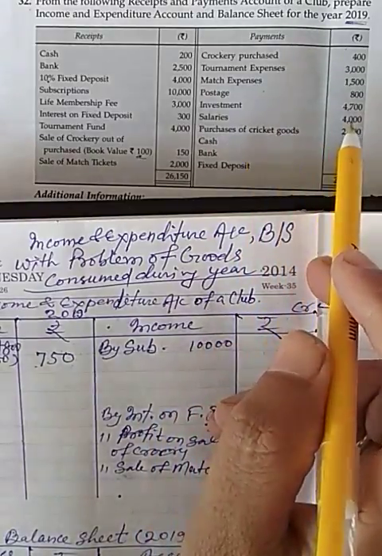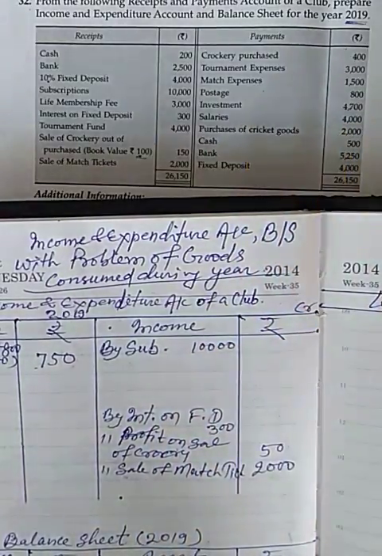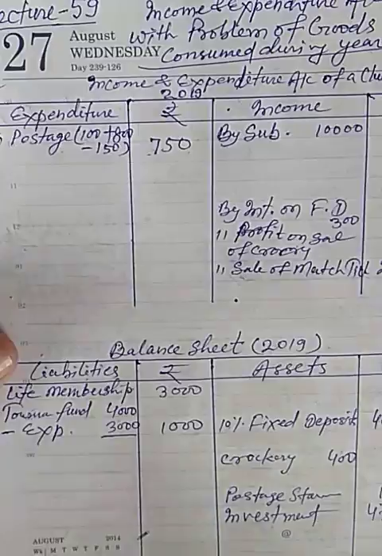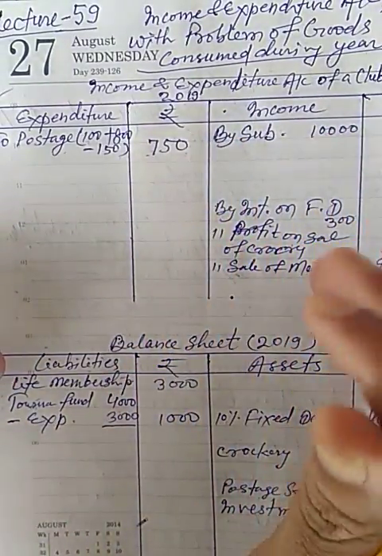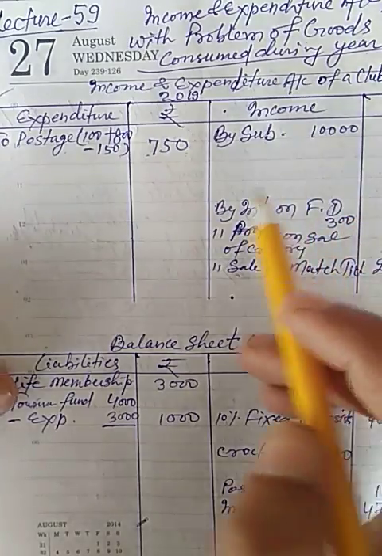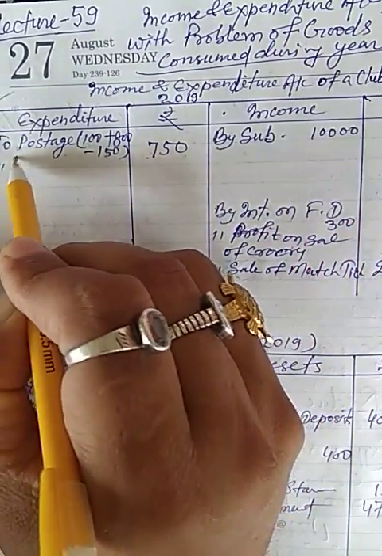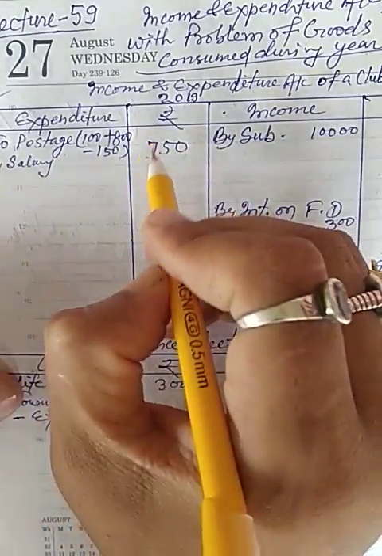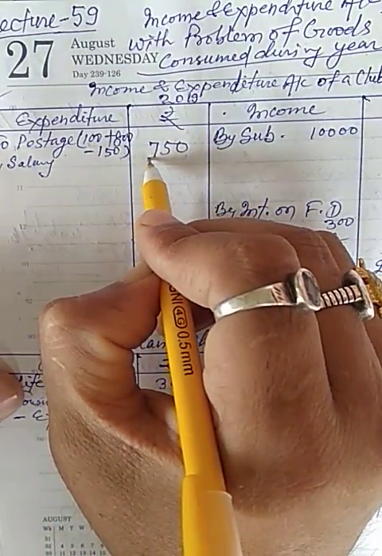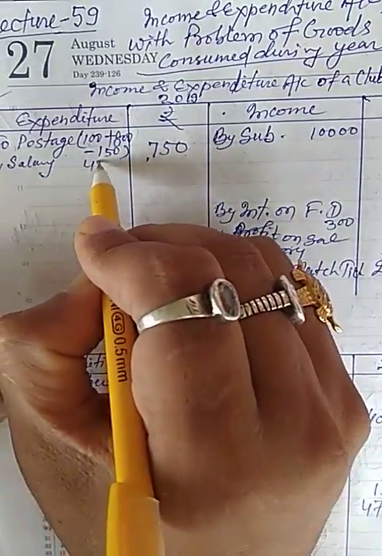Now salary is given, so I will write salary 1,500, 4,000. So salary 4,000.